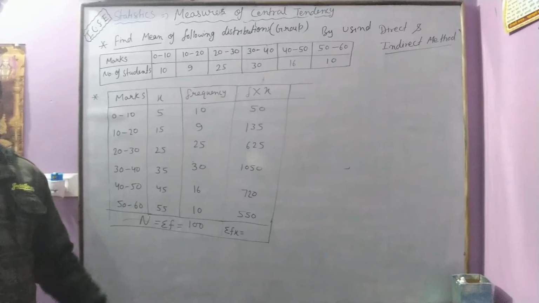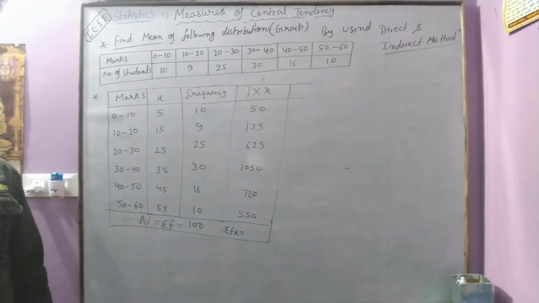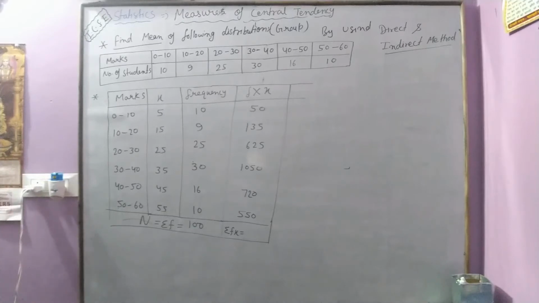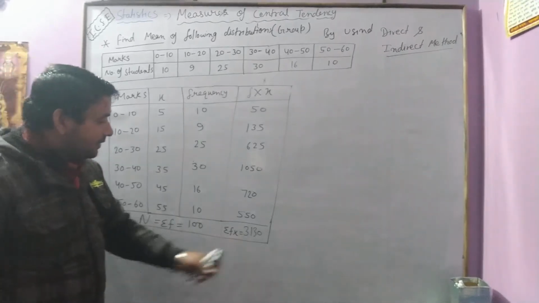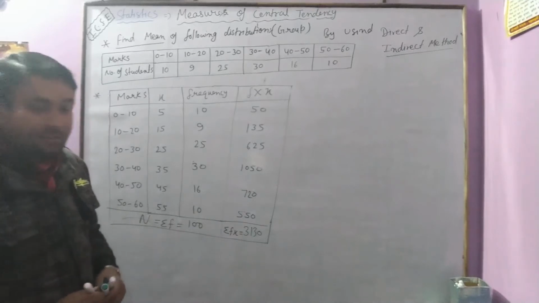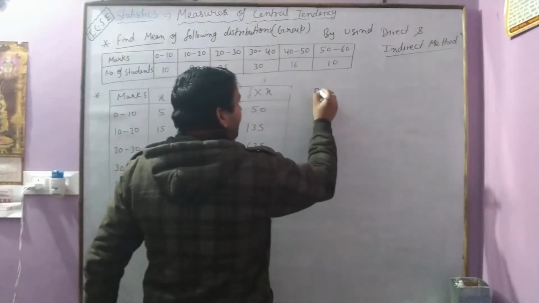Just calculate quickly. Now the sum is 3130.